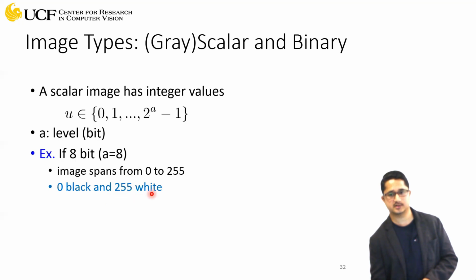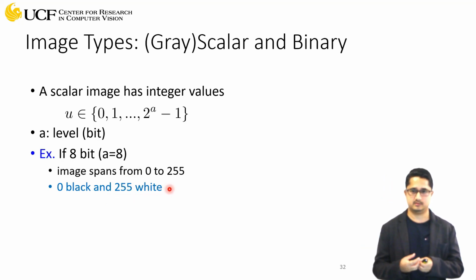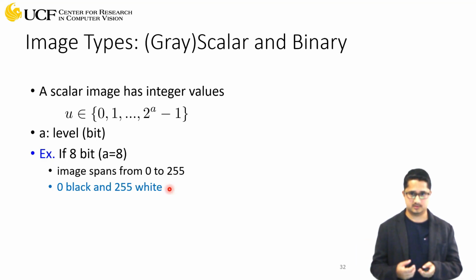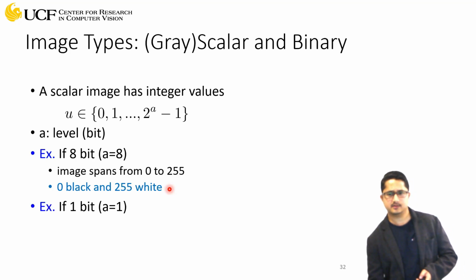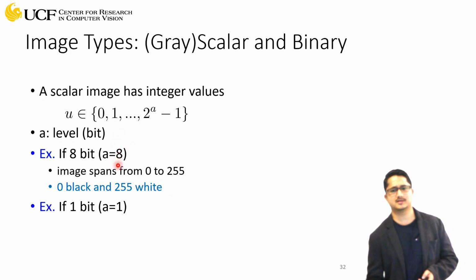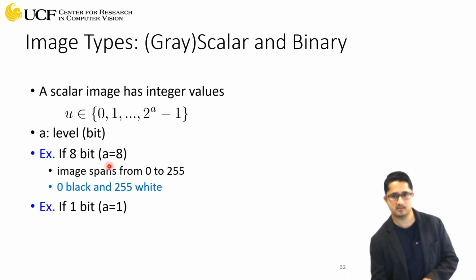And 255 represents white. Everything in between is a mix of black and white. That's one extreme, and this is a very standard way to store images. Of course, we have higher bit levels as well, because some applications need more details, but this is the most important one.